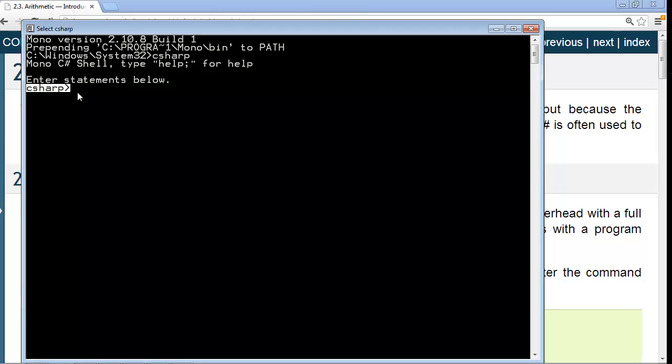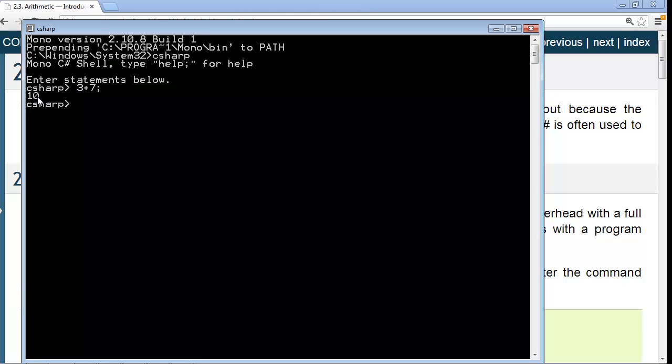Like for arithmetic, I can enter 3 plus 7. And one thing is, even if it's an expression, C# requires it to look like a statement. The semicolon indicates the end of what you're entering. That's always required. So let's see what we get.